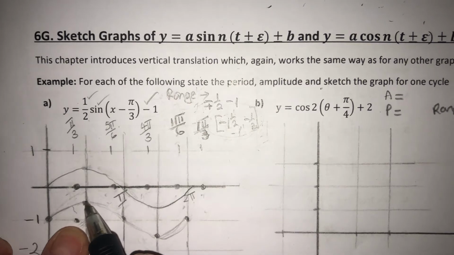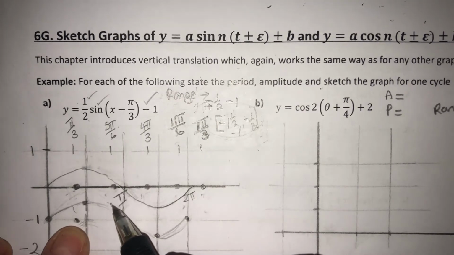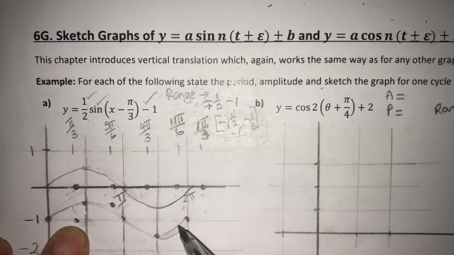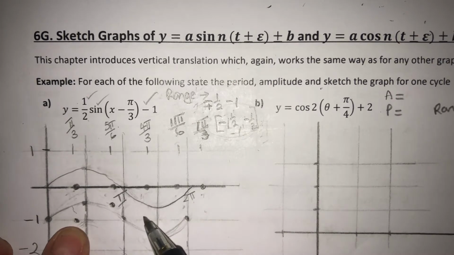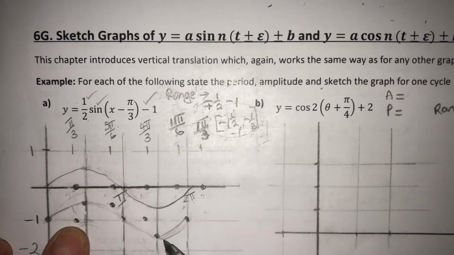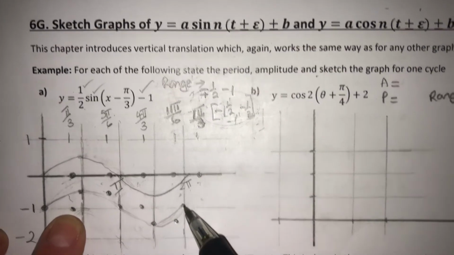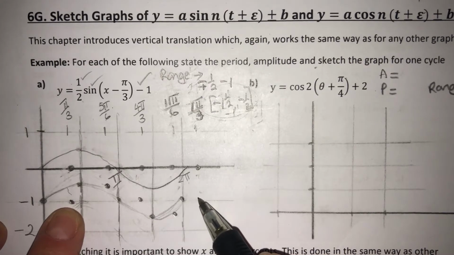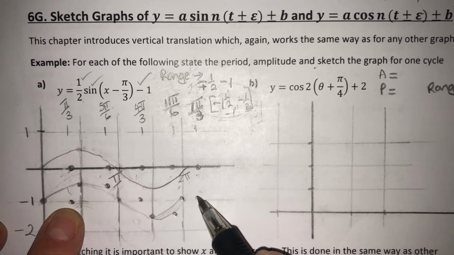The next one here is going to go to 5 pi on 6, which is about here. Then we've got this one, which is 4 pi on 3, same as last example, the first one in 6G. And then this one over here is going to go to 11 pi on 6. And then finally, we're going to go from 2 pi to 7 pi on 3.